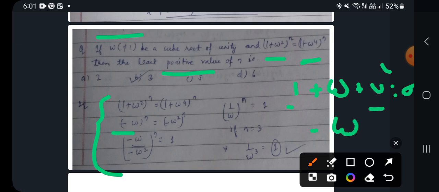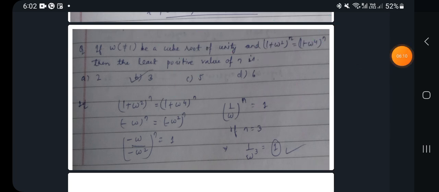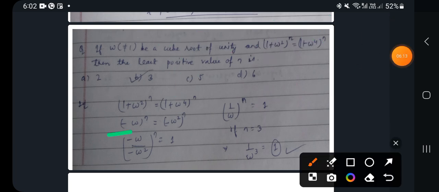And 1 plus omega raised to the power 4: omega raised to the power 4 can be written as omega cube into omega, and omega cube is 1, so it will come out to be omega. So we'll take that in place of this. So it will become 1 plus omega, and 1 plus omega will be equal to minus omega square from this relation. So putting all these values, we will get (minus omega) whole power n is equal to (minus omega square) whole power n.